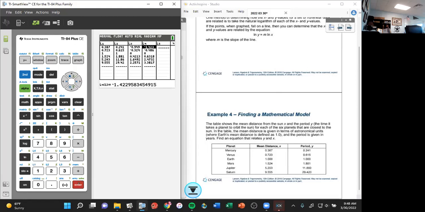Okay. When I did a scatter plot of L1 versus L2, I got something that was not linear. Since I have taken the natural log of L1 and L2, will I get a straight line plotting L3 and L4? Okay. If you're not with me, let me know right now.